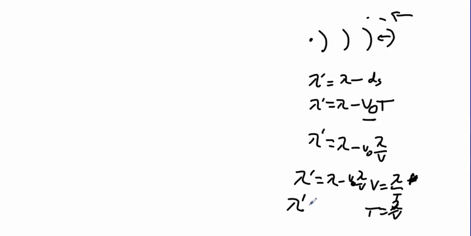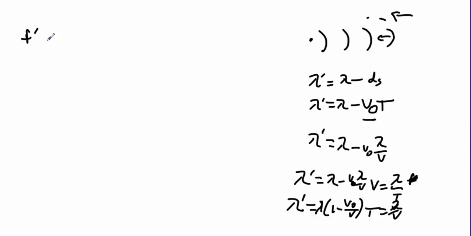Lambda prime, the new wavelength, is equal to lambda, the original wavelength, times 1 minus the velocity of the observer over the velocity of the wave. So now I have the velocity of the observer instead of the velocity of the source. This has changed a little bit, but it's a very similar process. So let's just go ahead and get you these equations.